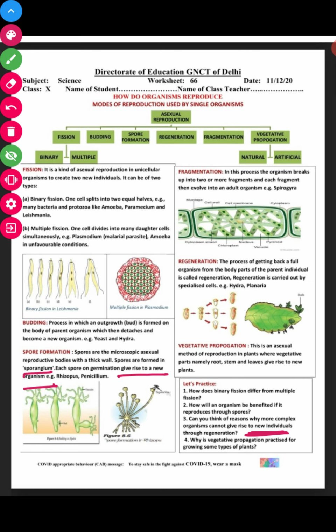This type of vegetative propagation has an advantage over seed formation, as it takes very less time to grow into a fully mature plant. It is also very economical.